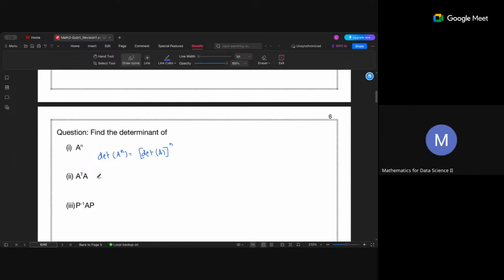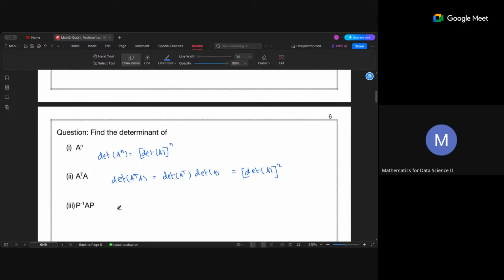Whole power n. Good. Now, what about the determinant of A transpose A in terms of the determinant of A? Determinant of A square. Because here you can first split it in this way, and then you know that this is the same as determinant of A, and hence this is determinant of A the whole square.